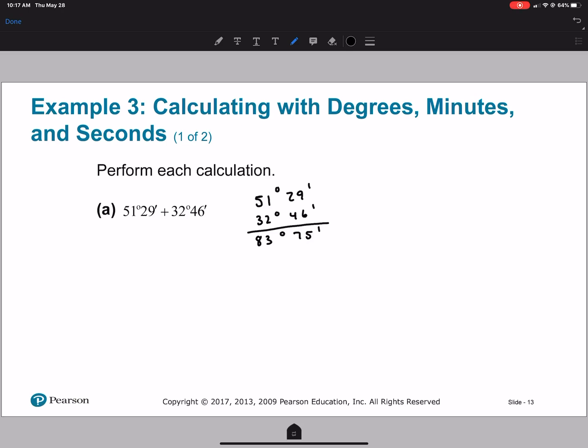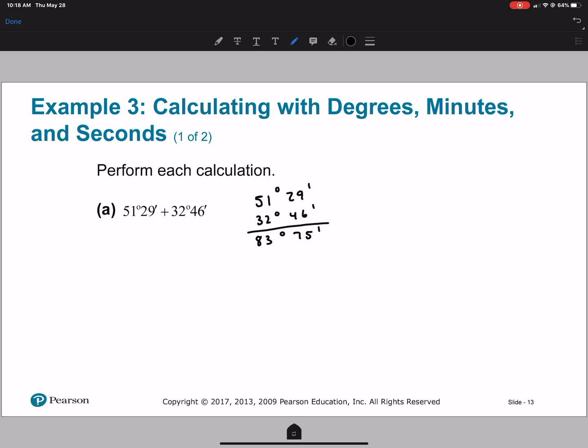Now, when you do problems like this, you have to make sure you understand what's going on. This is not the answer because we have 75 minutes. All right? So keep that in mind. Now, how many minutes are in 1 degree?